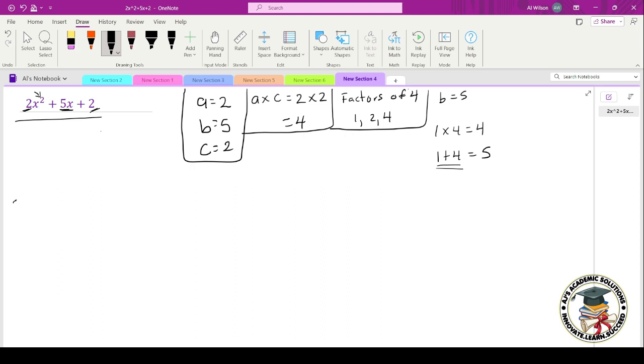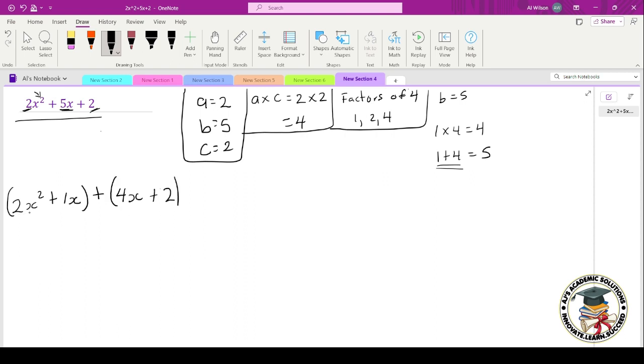So what we have is 2x squared plus 1x, then our addition sign, and we have our 4x, and then plus 2. Now we group off.